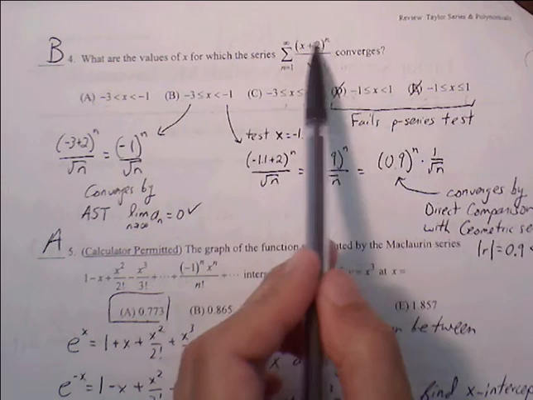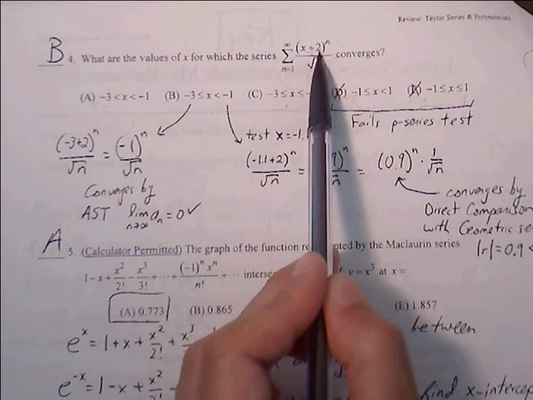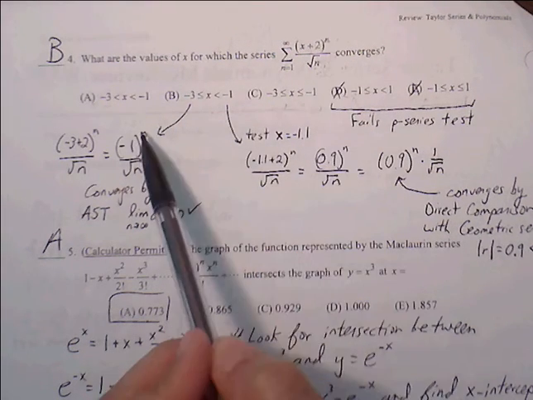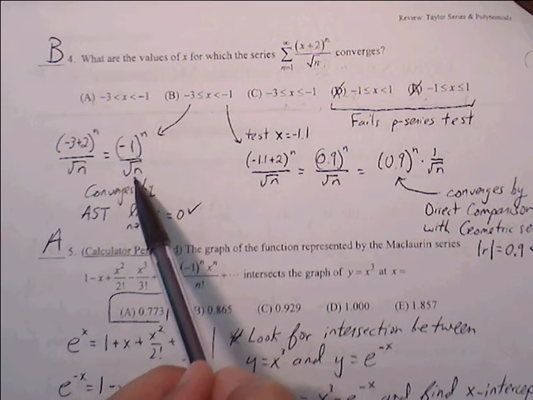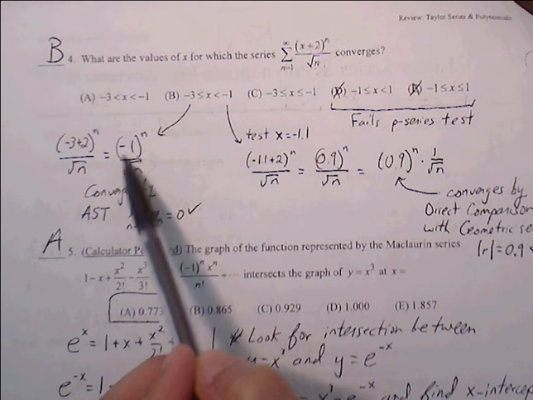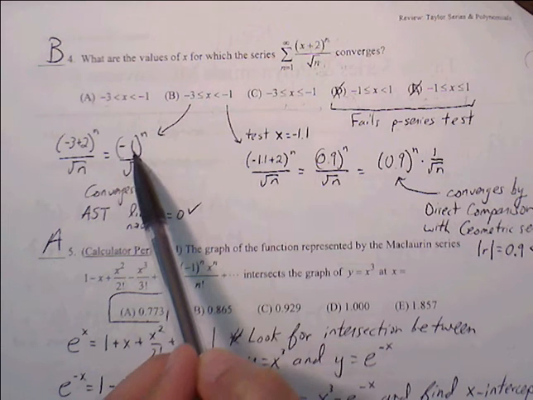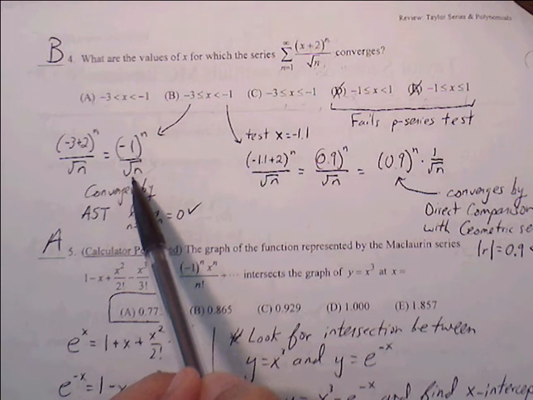So let's test -3. If I plug -3 in for x, -3 plus 2 is -1, to the n. So -1 to the n over square root of n. Now, if this were not an alternating series, this would diverge by the p-series test.